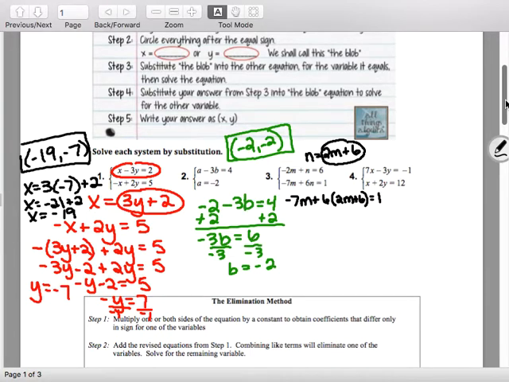So I make that negative 7m plus 6 times the quantity 2m plus 6. Notice the parentheses, because this is saying 6 times n. Well, if n becomes a sum, I need to take 6 times the sum. So that's negative 7m plus 12m plus 36 equals 1.